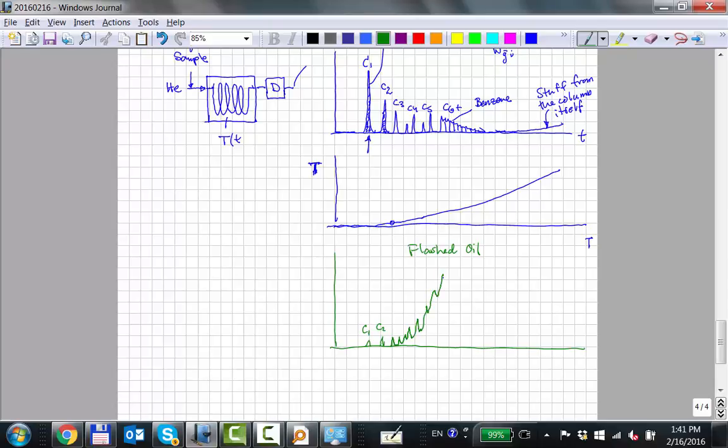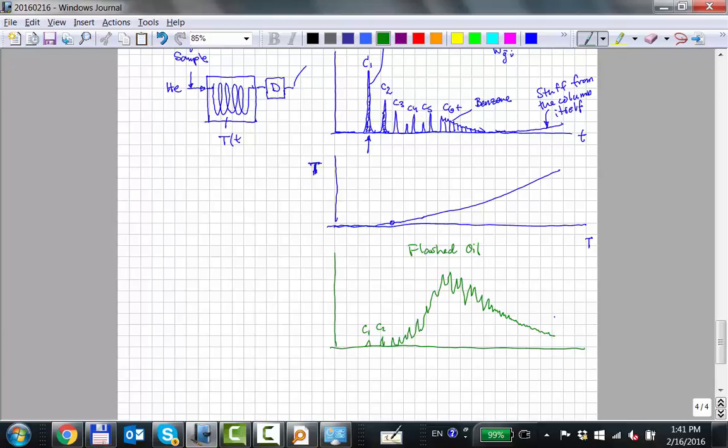And then this thing's going to start looking like this. You're going to see peaks, but there are so many isomers that they all kind of run together. So this thing is going to look kind of like this, and it just starts looking like a line.